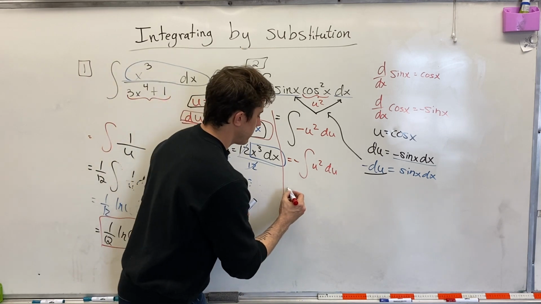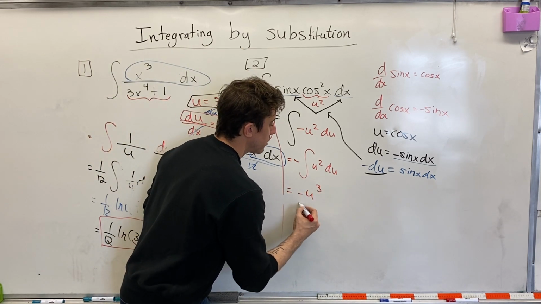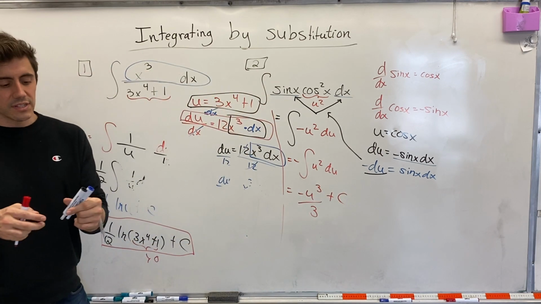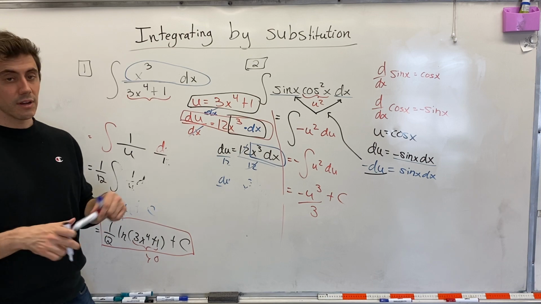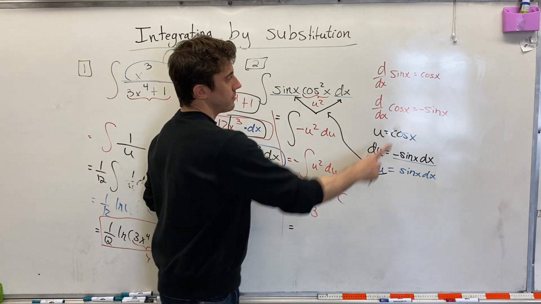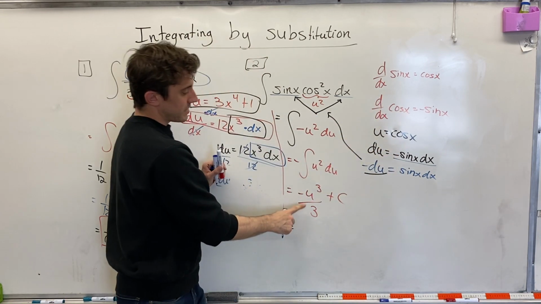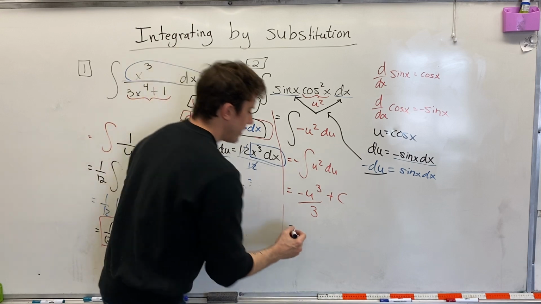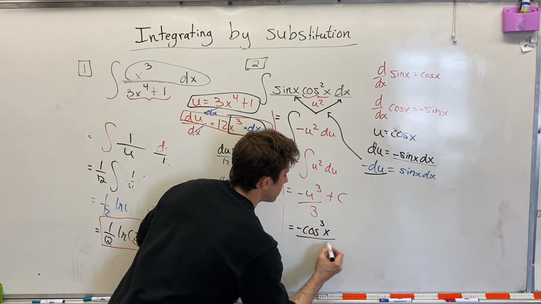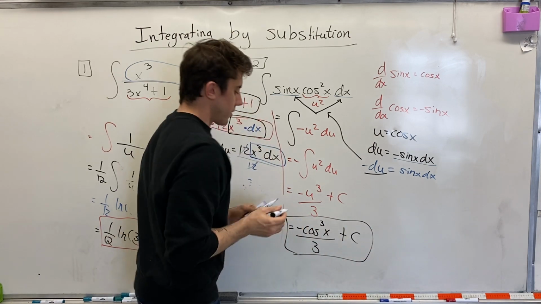And so we have equals negative u cubed over 3 plus c, because when we're integrating, we always have to consider that arbitrary constant at the end. And now, going back into our original variable x, since u is cos x, let's replace u with cos x at the very bottom. And so we'll have negative cos cubed x over 3 plus c for our solution.